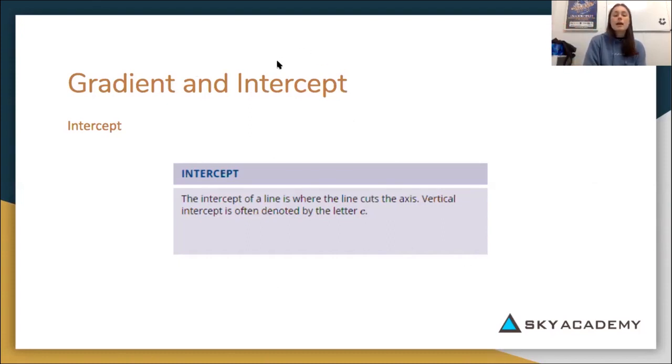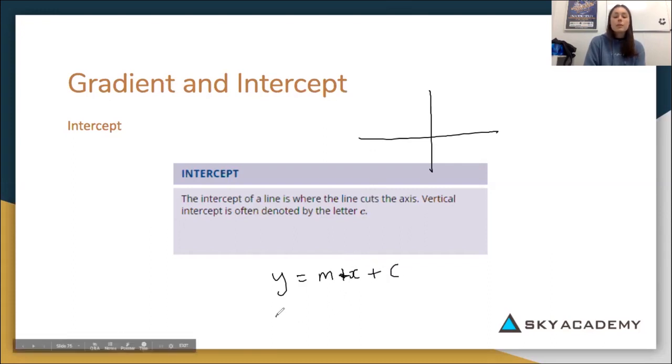If it is a positive line, it will have a positive x, so it will be y equals mx, which is positive, plus c. And if it is a negative line, it'll be y equals m minus x plus c. And there's a times in there.